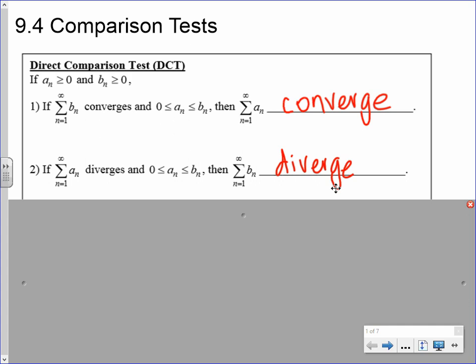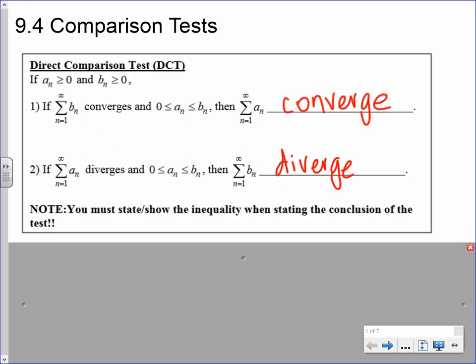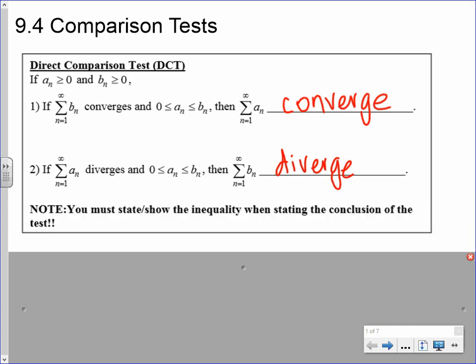Well, if it's just always bigger than that, then it could just be. Okay, then this test wouldn't work for that. Because you have to show me, and this is a part of the test, the inequality, stating either bigger or smaller. Okay, if you don't show me that, this test does not work.